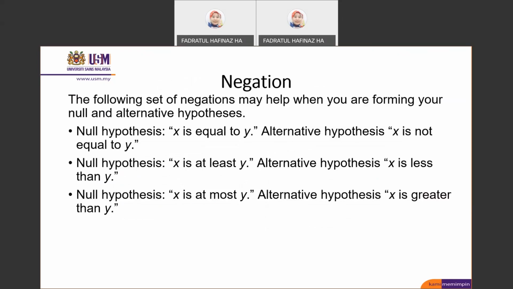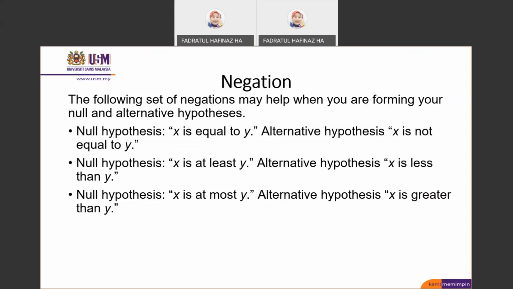The following set of negations may help when you are forming your null hypothesis and alternative hypothesis. When your null hypothesis is x is equal to y, the alternative hypothesis is x is not equal to y.